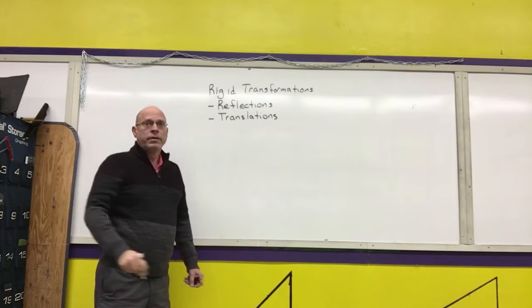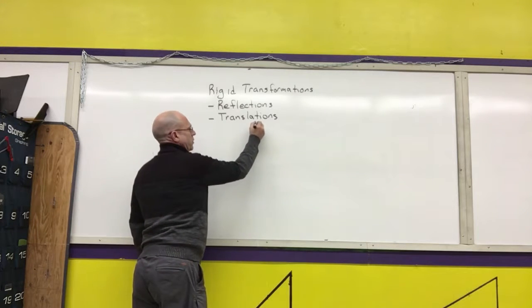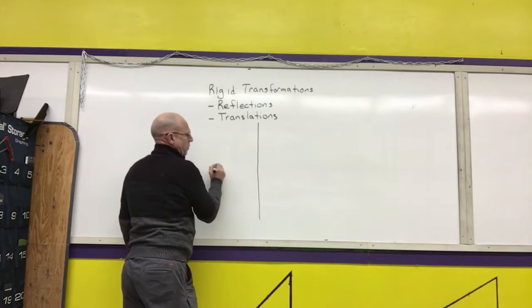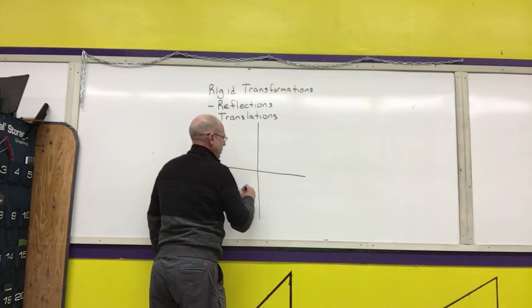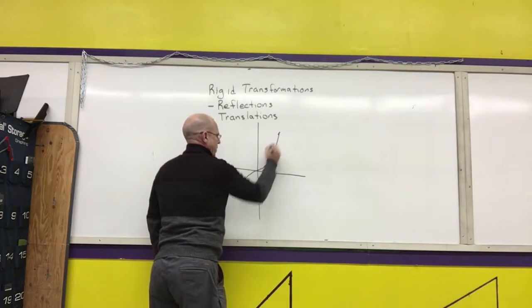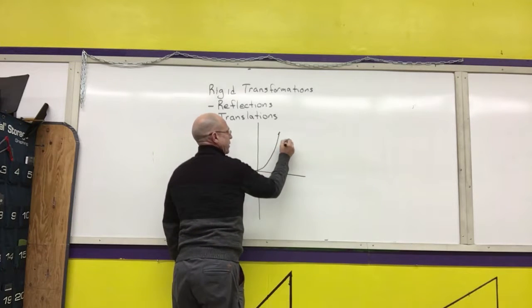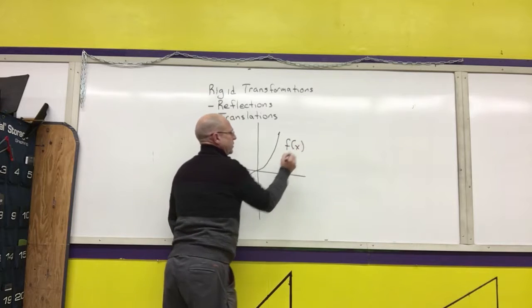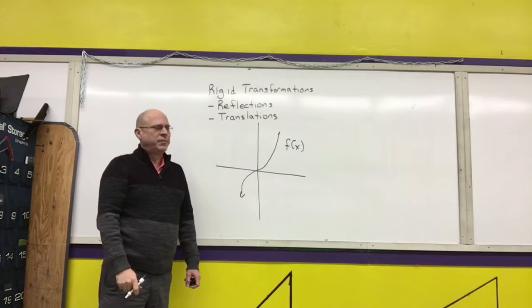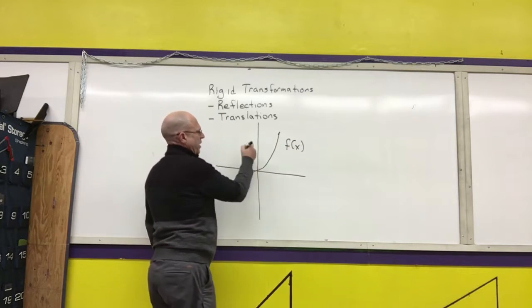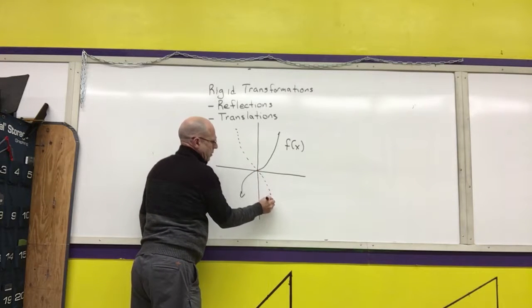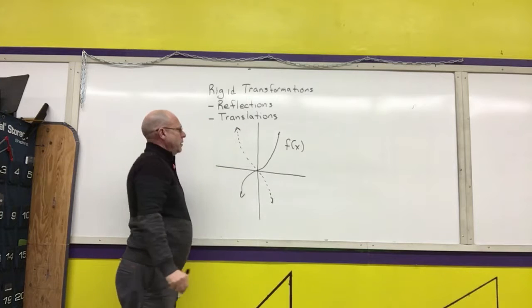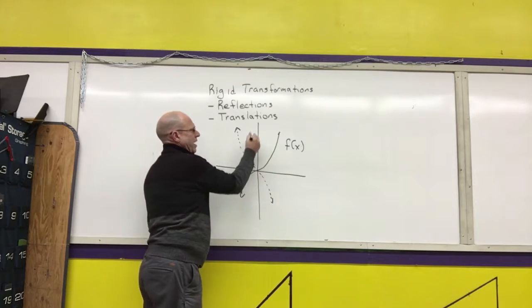Okay, so the first one I want to discuss is if I have that function right there, f of x, the first type of transformation I want to discuss is the one that reflects it across the y-axis.